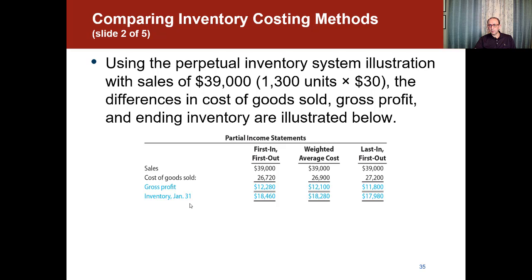As for the ending balance of inventory, 18,460 was the highest when the gross profit was high, and LIFO was the lowest when gross profit was low. This gives us a comparison between the three different methods and how the values would differ.